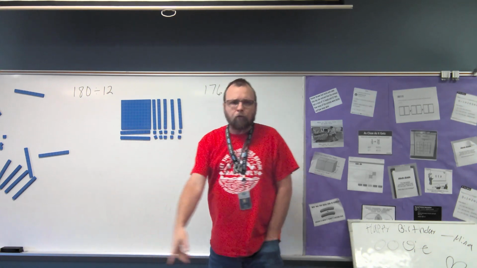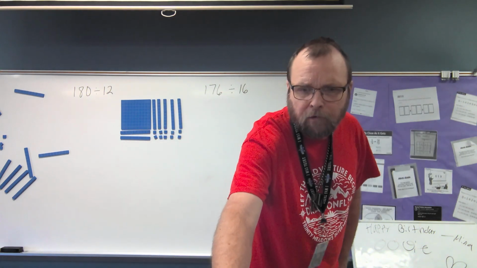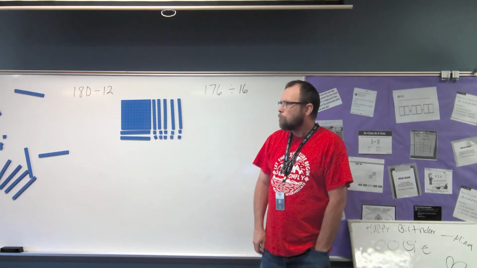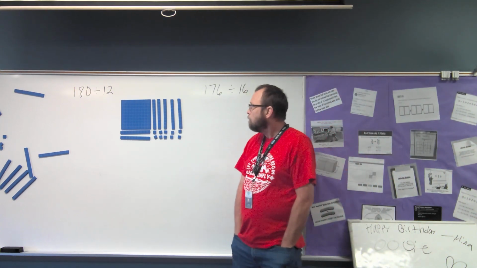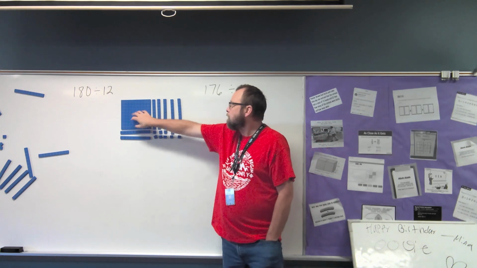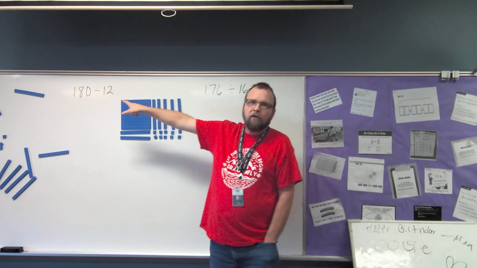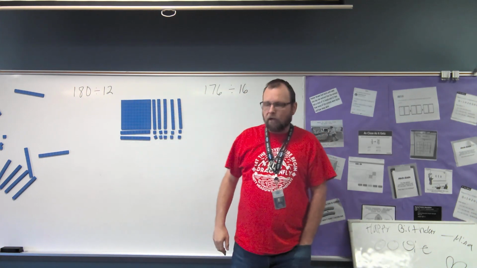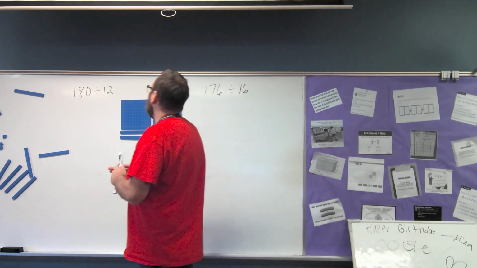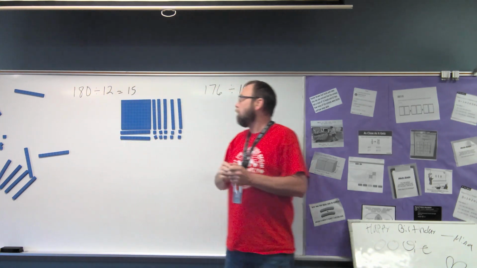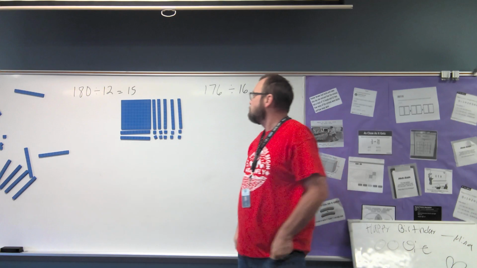So how many groups of 12 do we have, Jaden? 15. Good. 10, 11, 12, 13, 14, 15. So 180 divided by 12 equals 15.